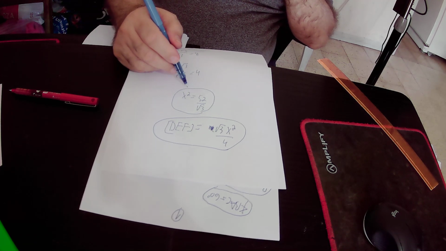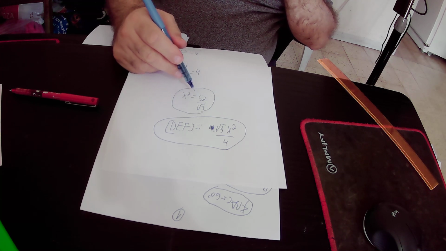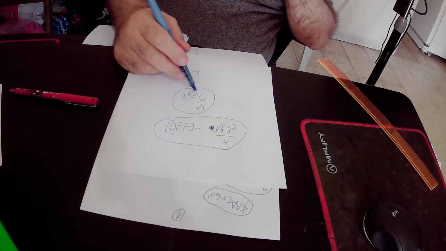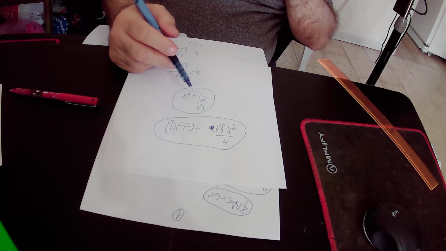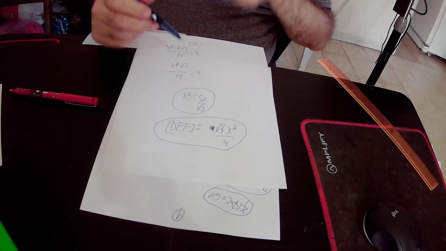But we have already found out that x squared equals to 52 over root 3. If x squared equals to 52 over root 3, so we can substitute x squared in this equality by 52 over root 3.